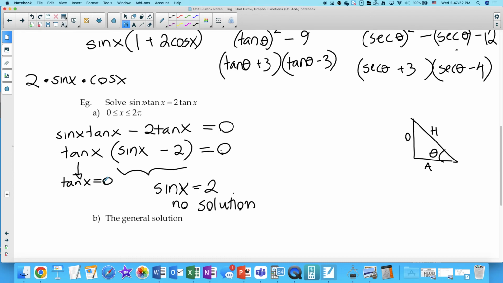I'm overthinking this. Yeah, so you could either do this. So it would be 0 over 1, that's 0. Or 2 pi, because those are the same angle.